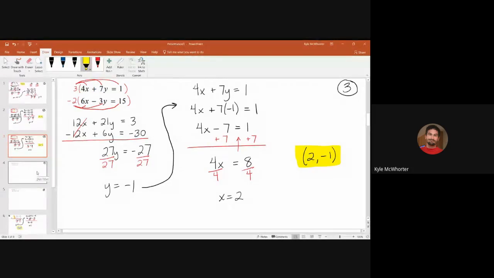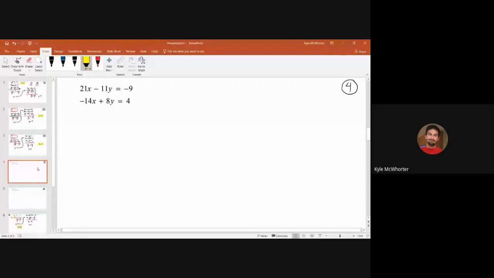All right, 2 more to go. This one might be the most interesting one, and here's why. When you first look at this, on first glance, you might say to yourself, all right, if we were going to cancel y, we'd have to get like -88y on top and +88y on the bottom.